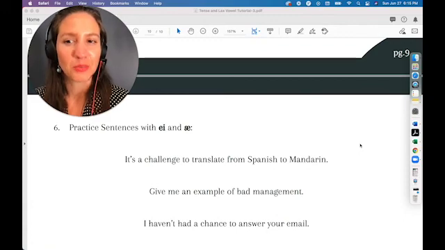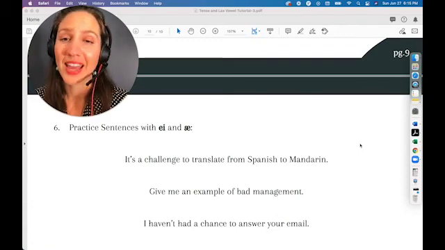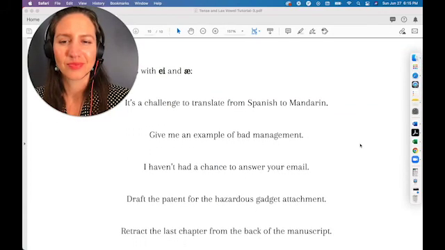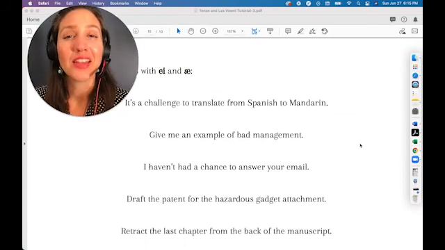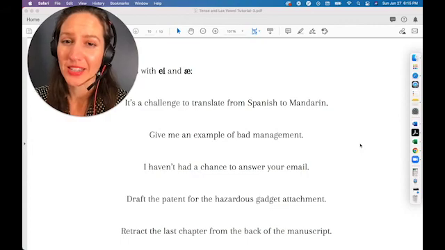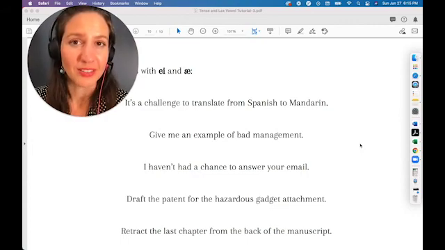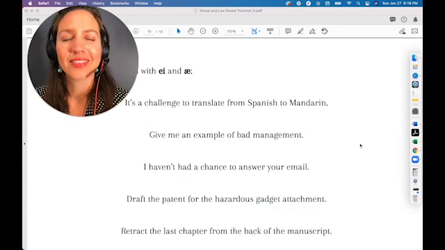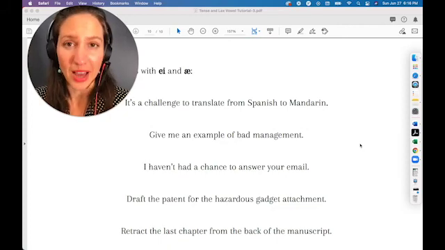Number 6, practice sentences with a and a. It's a challenge to translate from Spanish to Mandarin. Give me an example of bad management.